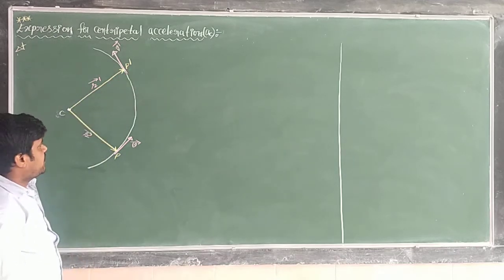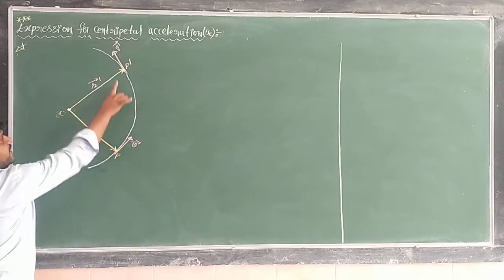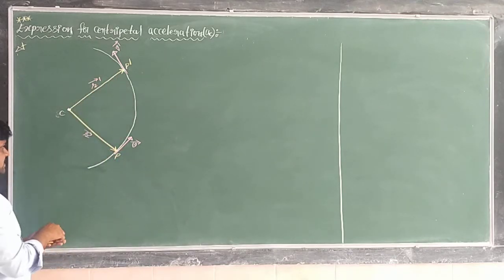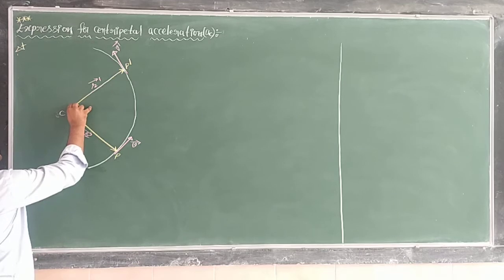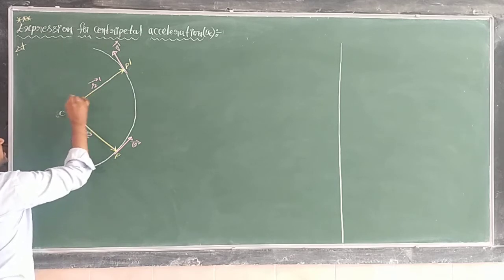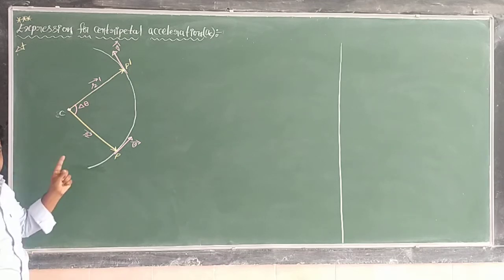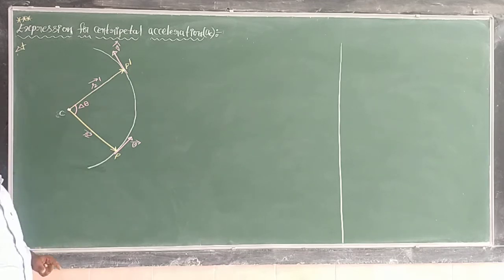When the object is moved from P to P dash, at the center it subtends some angle. That angle is delta theta. Delta theta is the angle subtended, which is the angular displacement in this situation.